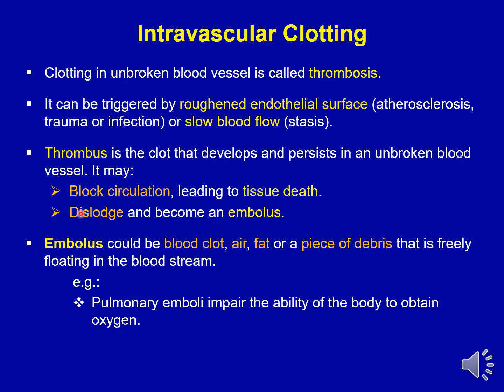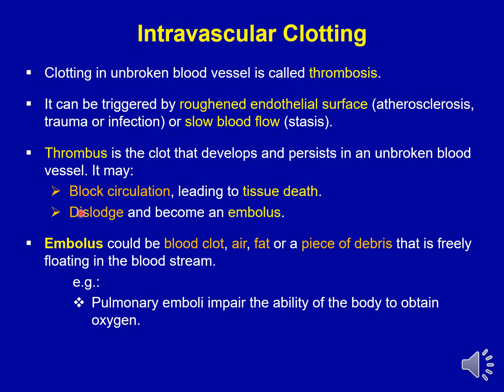It is dislodged and moves from the deep veins of the leg to where? To veins like the femoral vein, going to the iliac veins, going to the inferior vena cava. From the inferior vena cava it goes to the liver, then to the heart: from the right atrium to the right ventricle to the lung.